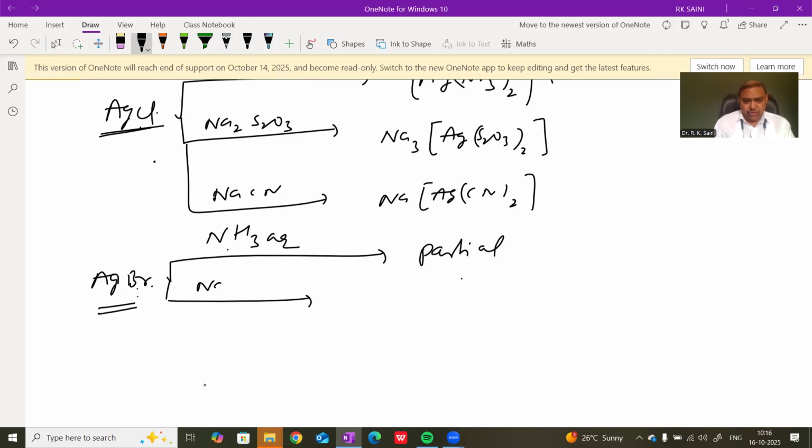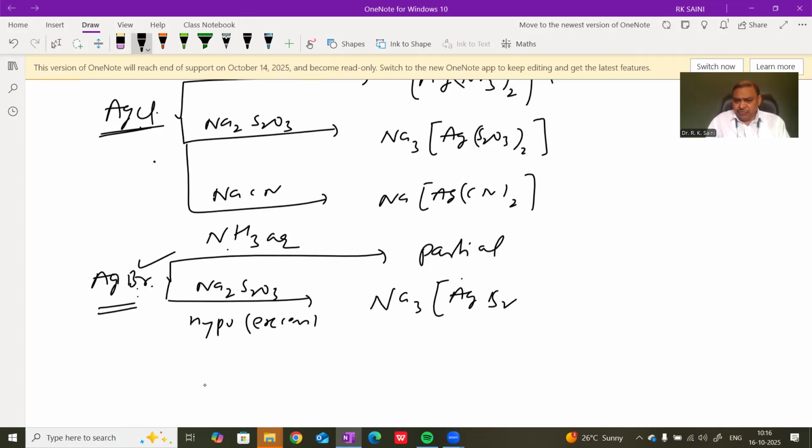However, AgBr is soluble in a solution of hypo. Sodium thiosulfate is known as hypo. When we add hypo in excess, it changes into a complex, and this complex dissolves AgBr, forming Na3[Ag(S2O3)2].